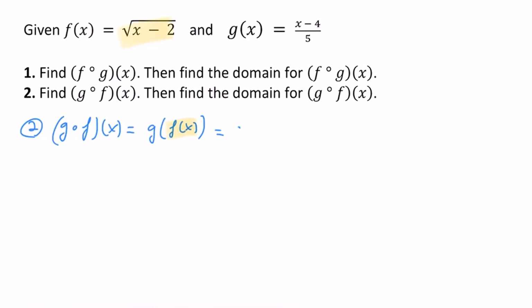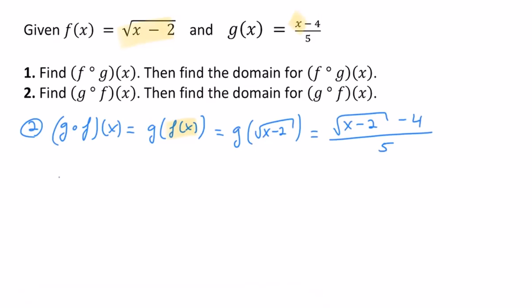So we have g of the square root of x minus 2. This means that wherever we see the x in the g function, we put in the square root of x minus 2. So we have (the square root of x minus 2 minus 4) over 5.